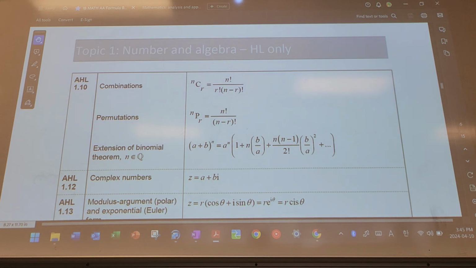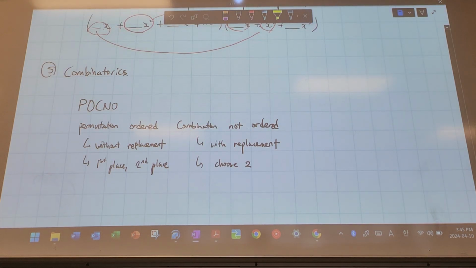Combination, because they're not order, there's a bit less possibilities. Order matters, so there are more cases, because A and B and B and A are different. So that's why permutation is bigger. Combination is less.